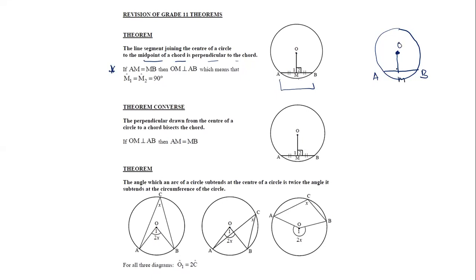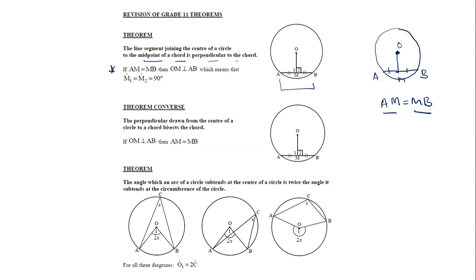If it happens that this line OM cuts AB so that AM, which is from there to there, is equal to MB, which is from there to there, then we have this line from the center cutting the chord such that AM is equal to MB.